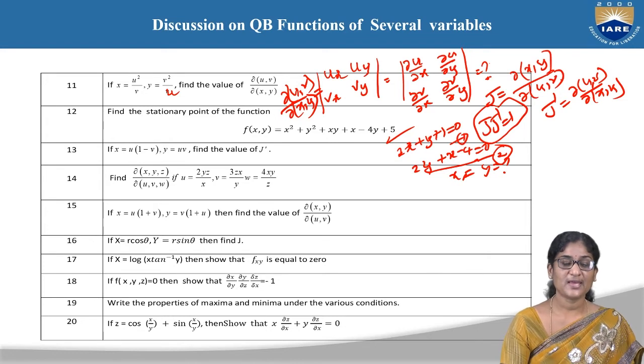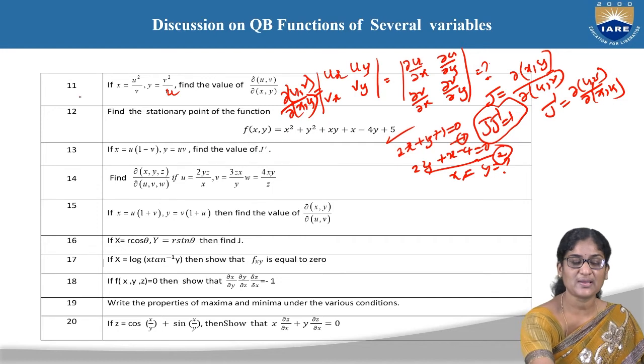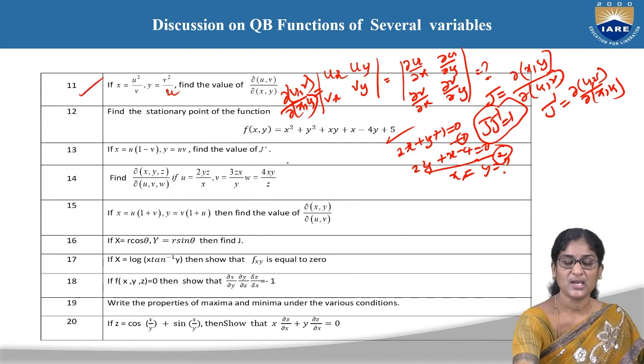Next is, if x is equal to u into 1 minus v and y is equal to uv, find the value of j dash. Now again, here x and y are given in terms of u and v. First we'll follow the same method as we have done for the 11th question. How we did?